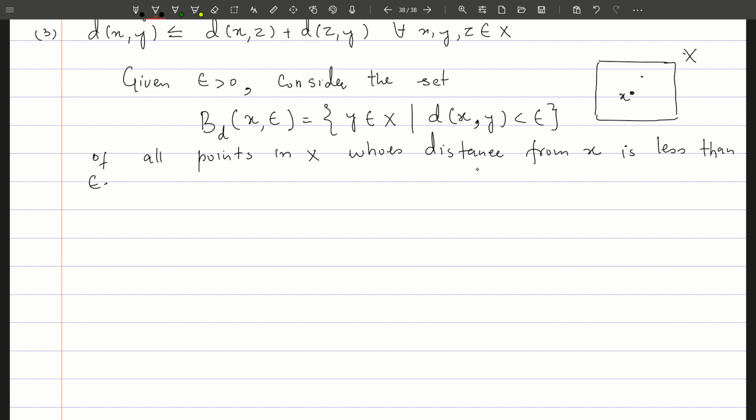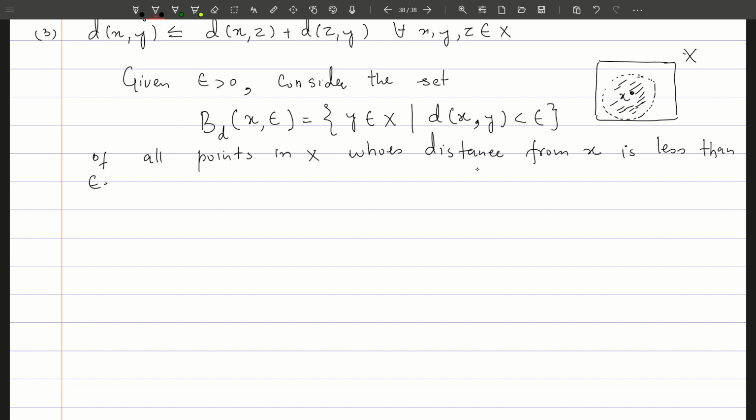If this is the distance epsilon here, then we pick all the points which lie in this bounded region.